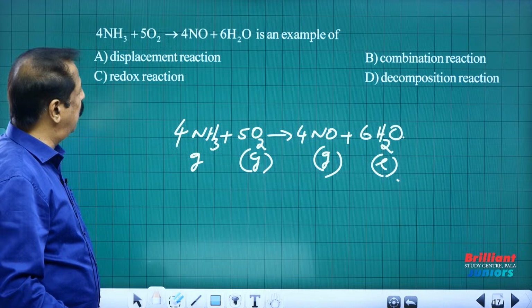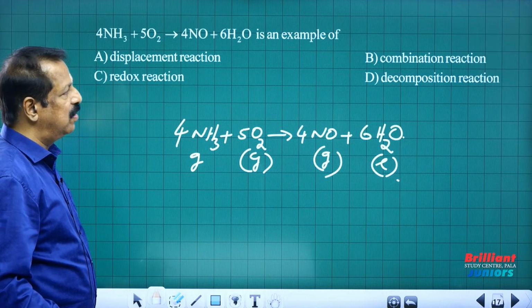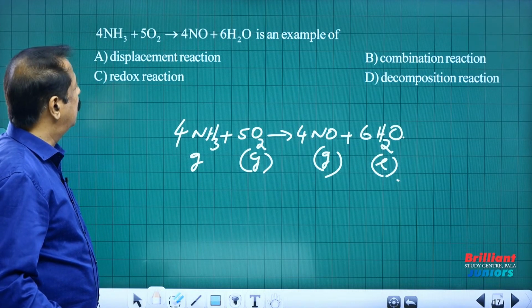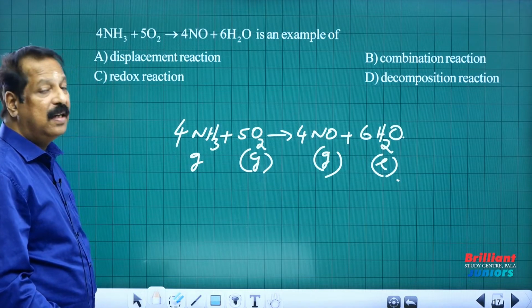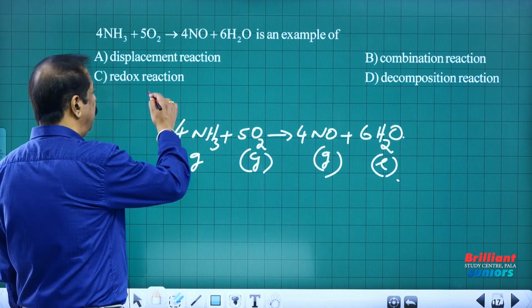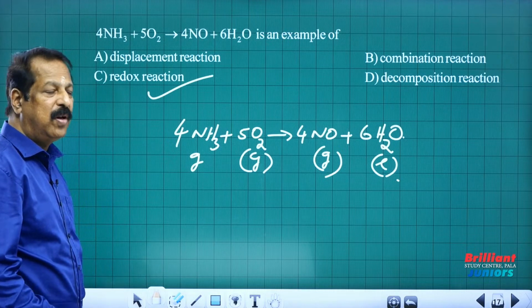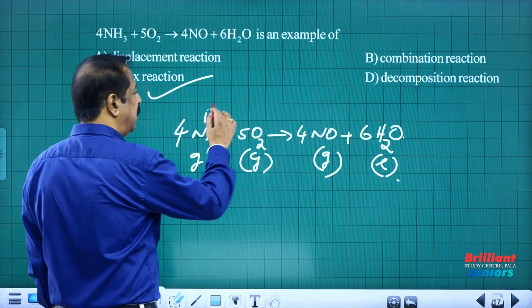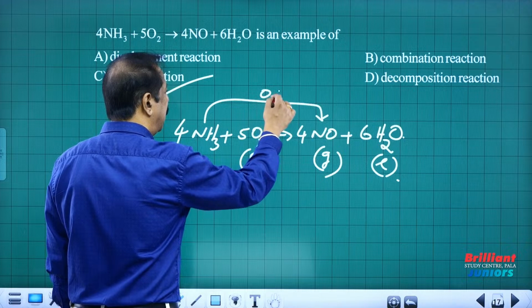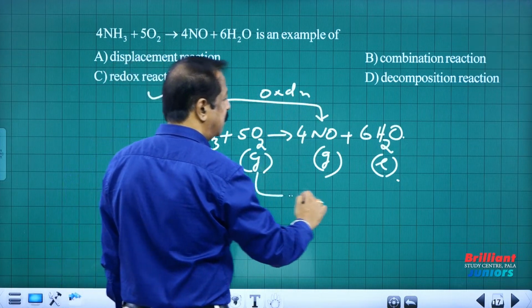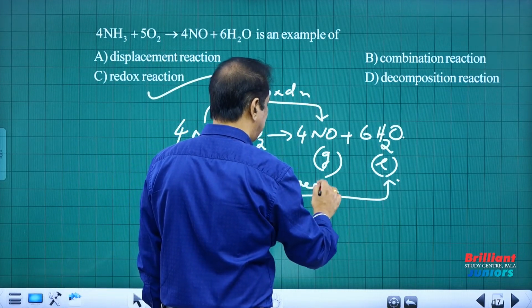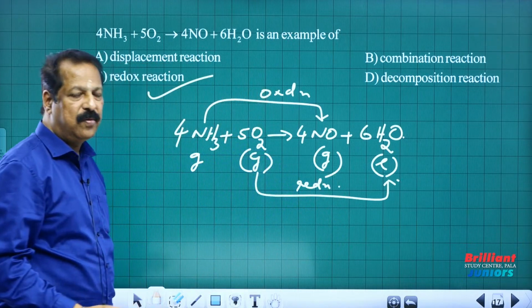So this is an example of a displacement reaction, combination reaction, redox reaction, or decomposition reaction? This is an example of a redox reaction because ammonia gets oxidized to NO. So here this is having oxidation and here it is having reduction.